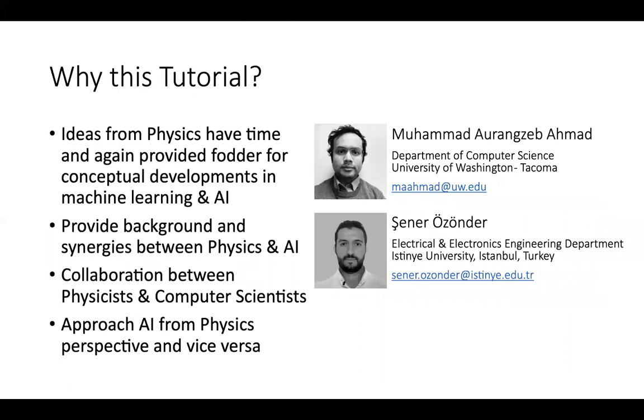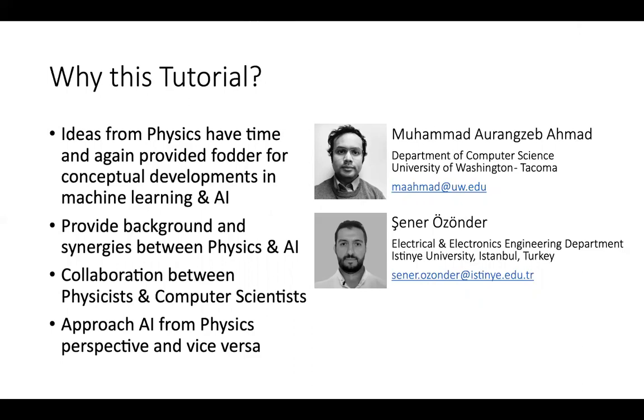So now, from why physics and AI in general, to why this particular tutorial. It's our experience, and history also bears out, that ideas from physics have time and again provided fodder for conceptual developments in machine learning and AI. So with this tutorial, what we want to do is provide background and point out synergies between physics and AI for anyone who is interested in the area, who wants to start out and explore commonalities.